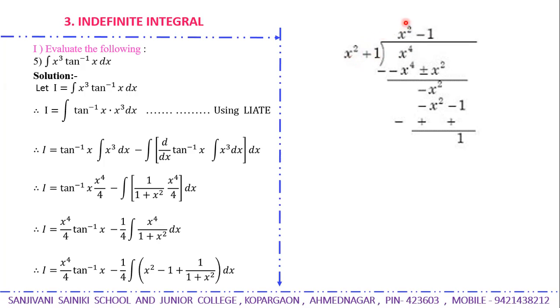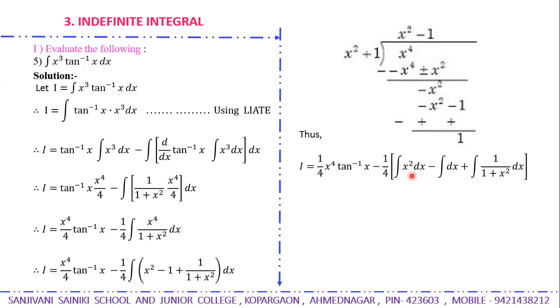So x square into x square, x raised to 4 plus x square, minus, you will get 1, only x square, then minus 1 into x square plus 1, so this also gets cancelled and you get 1. So I can write this x raised to 4 as x square minus 1 into x square plus 1, plus 1 like this. Then we will divide by 1 plus x square separately.